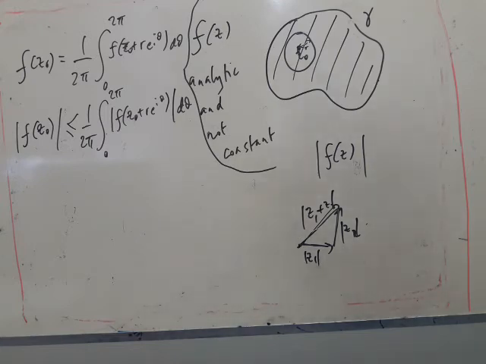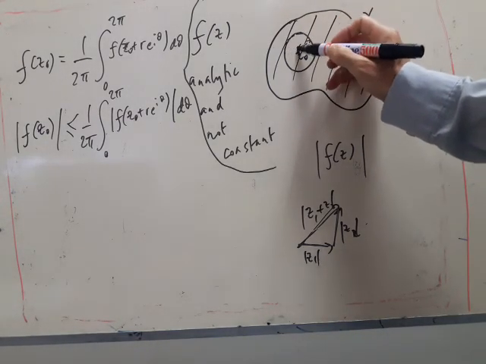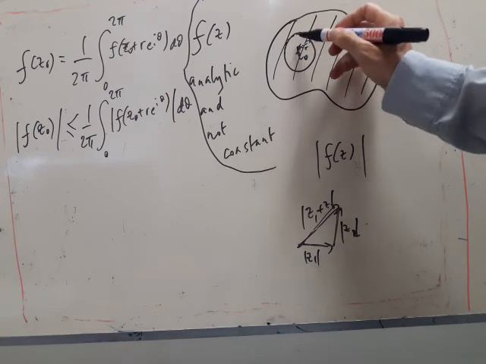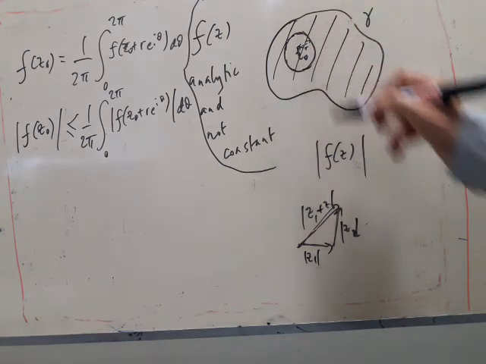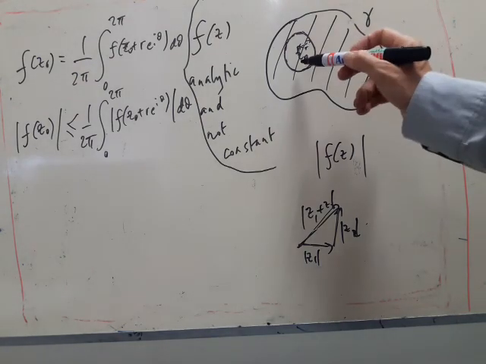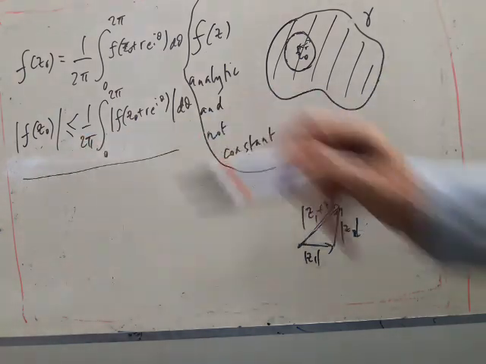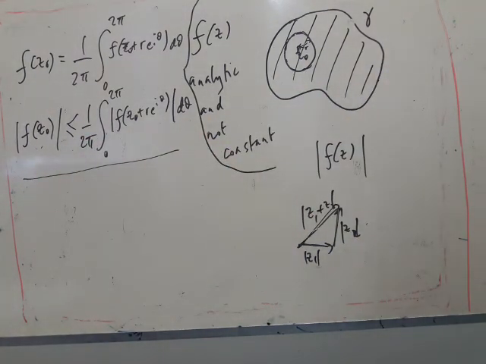Well, that would imply that all of these points around here would have to be of magnitude less than this one. But that's contradicted by this statement here. So it can't possibly be true. So basically, the maximum value has to be on the boundary.